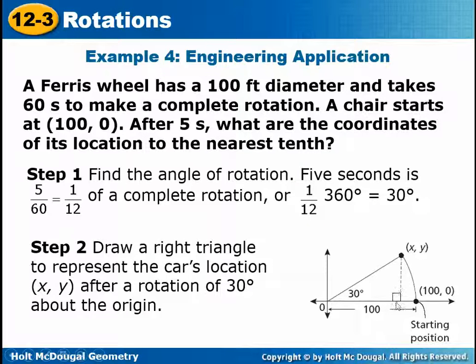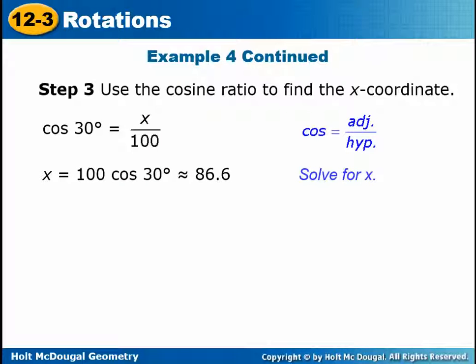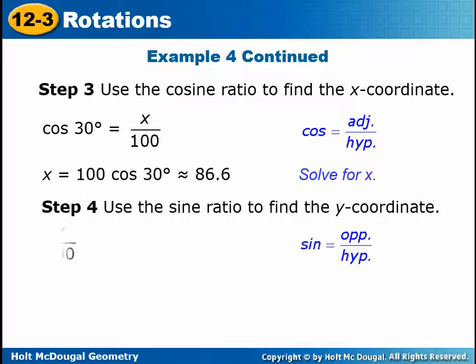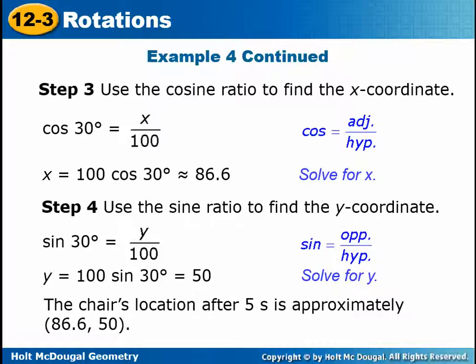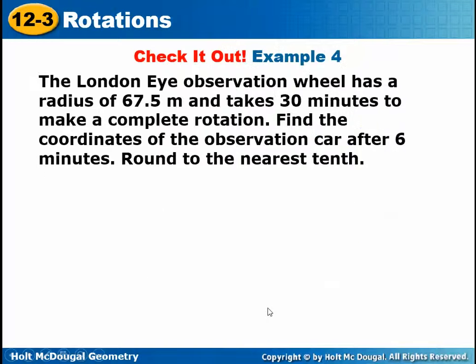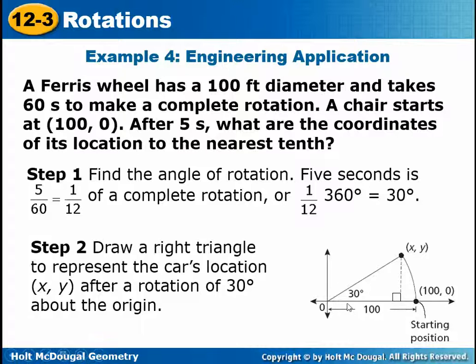The sine of 30 would be equal to the opposite side over the hypotenuse. So the x-coordinate would be 86.6. The y-coordinate would be about 50, which means that our point on the graph would be at 86 point whatever and then up 50.